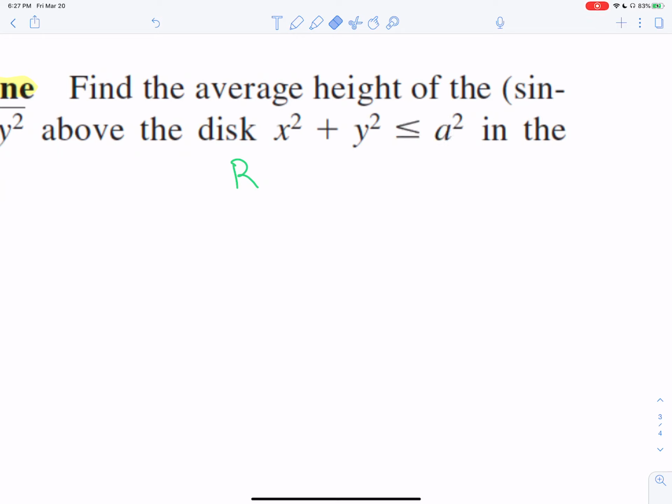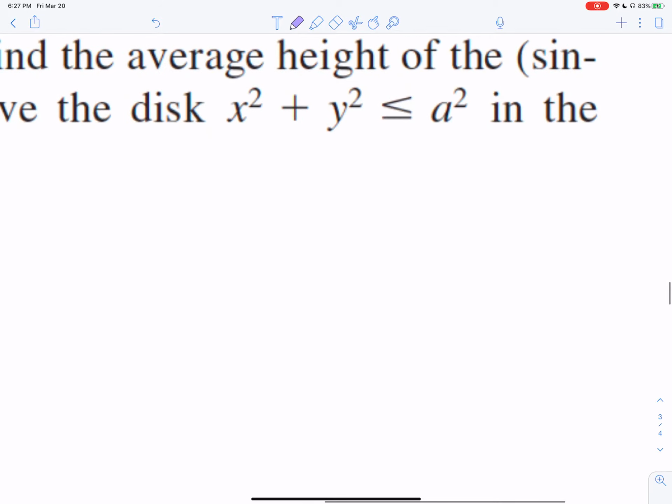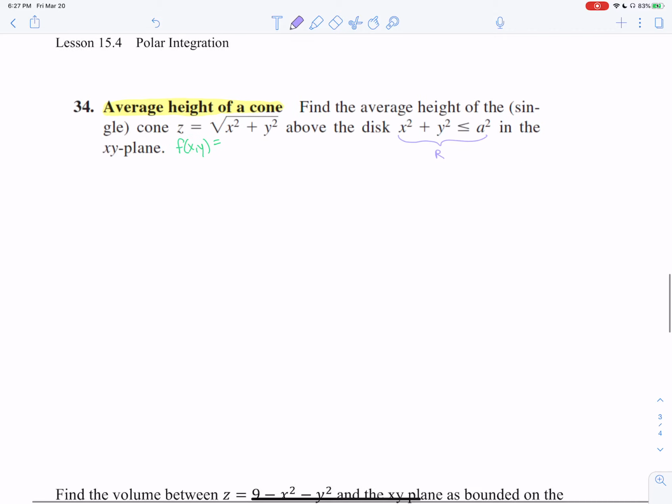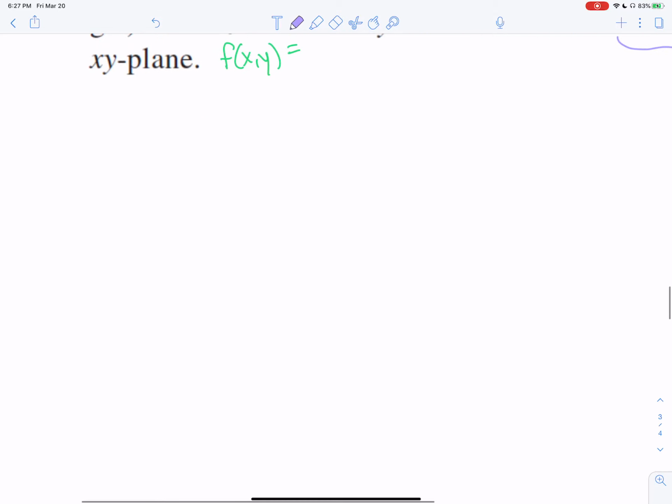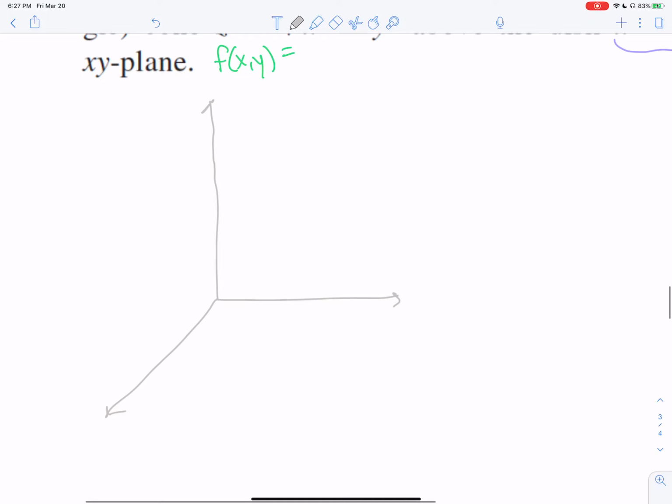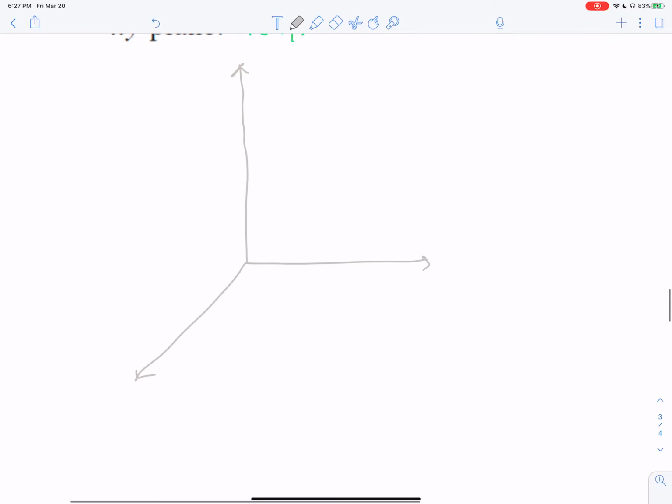So let's get rid of some of this. Okay, so this is R, above the xy plane. So I'm going to draw a little picture of what's going on here. And we have that surface f. So I'm going to get my 3D coordinate system going.